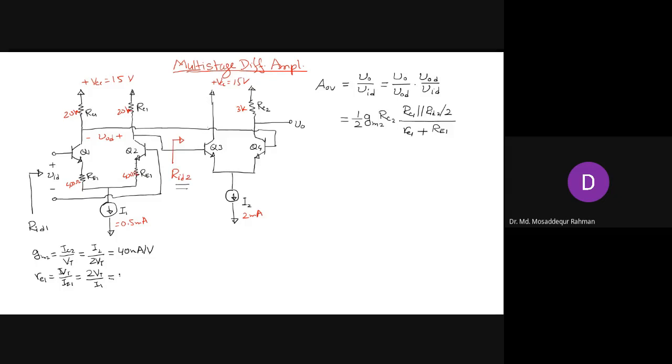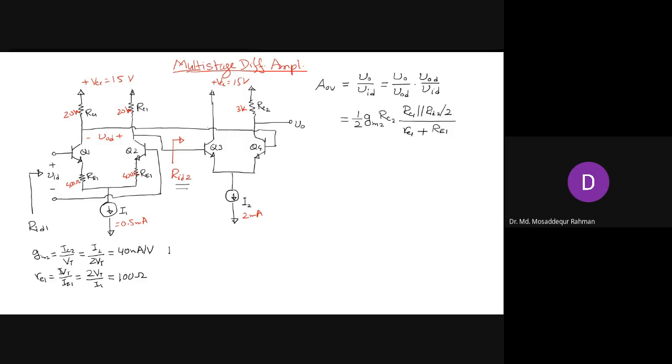And that was 100 ohm, right? And RE1 is given as 400 ohms. Then we need another parameter, RID2.